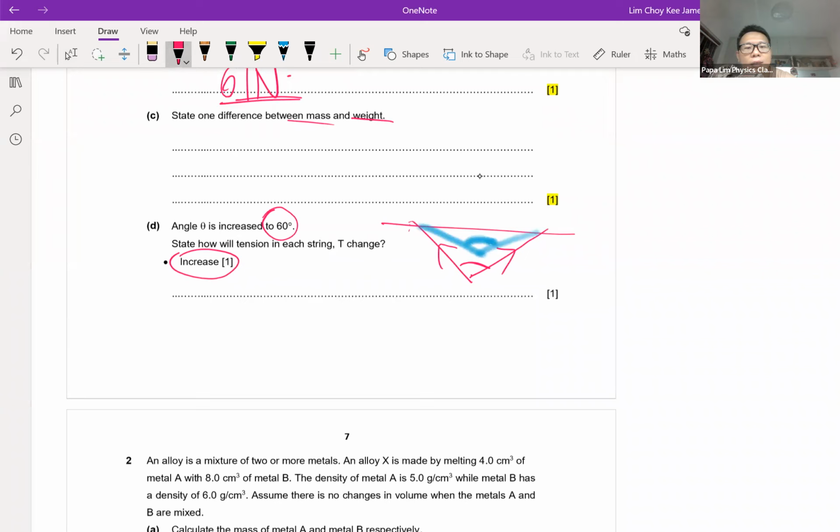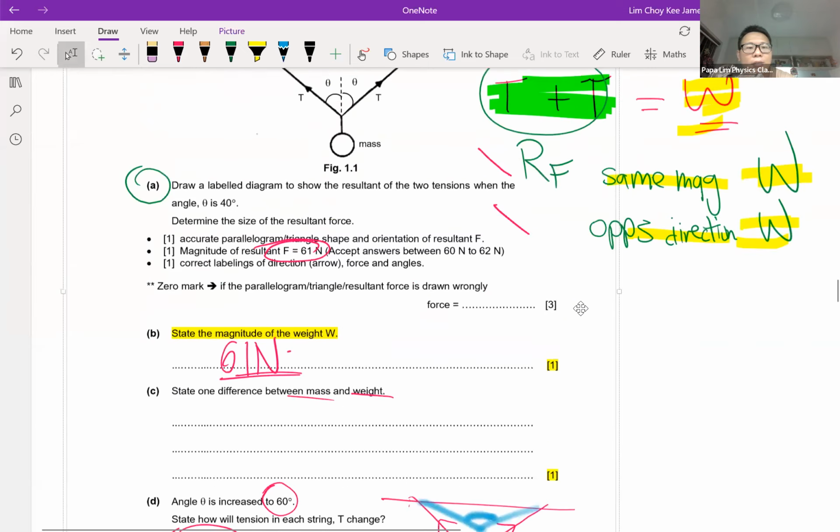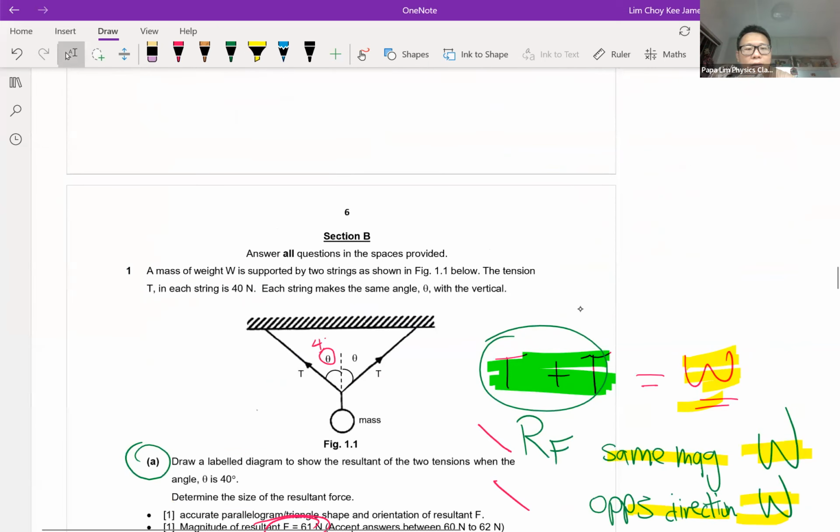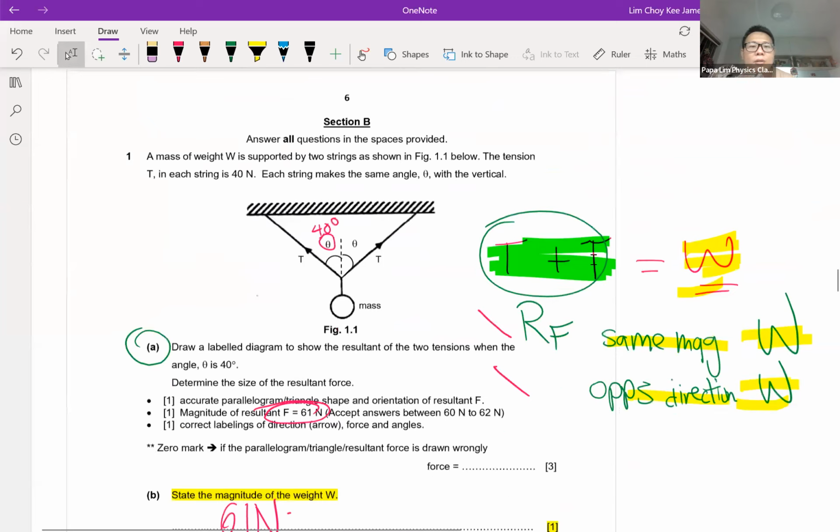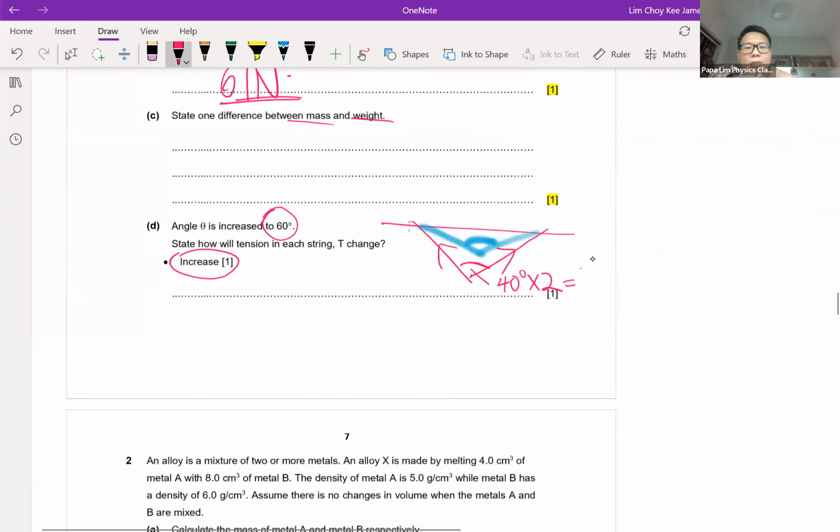It could be this is 40 degrees, times 2 theta. Remember the picture, theta is one side only. This is 40, so 40, 40 is 80. So this is 80 degrees. Maybe now this angle could be 120 degrees. So the angle actually increases. So what will happen? The tension will increase as the angle goes wider.